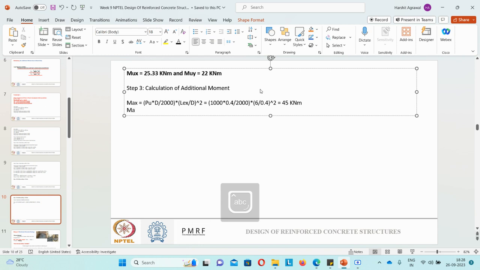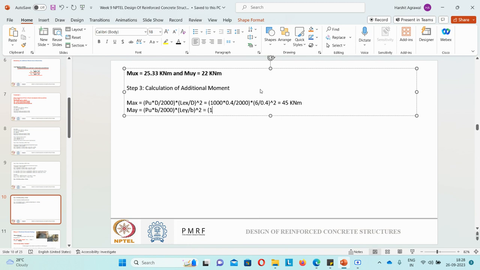Now what is the additional moment along the y direction? Similarly, we can calculate along the y direction also. We just need to change d by b. So this is the formula: L effective along the y direction upon b squared.